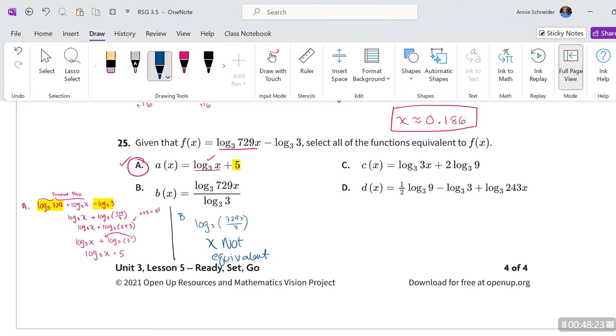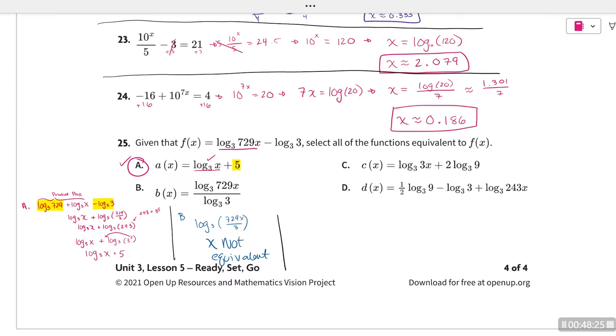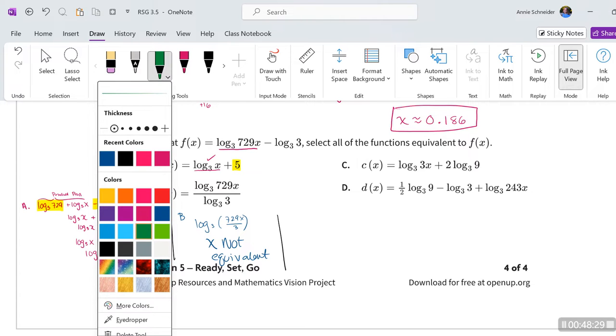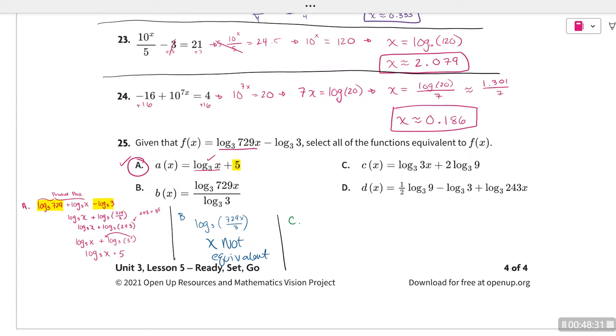Okay, so let's move on to C. C wants a log base 3 of 3x, and there's 2 times log base 3 of 9. So let's focus on what we can really see. That log base 3 of 3x, that means I want that term.